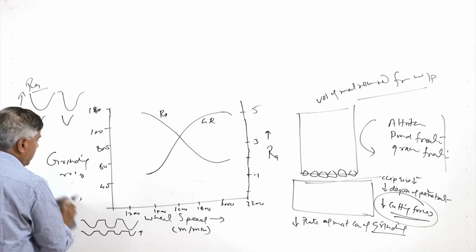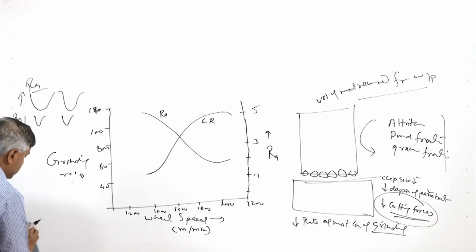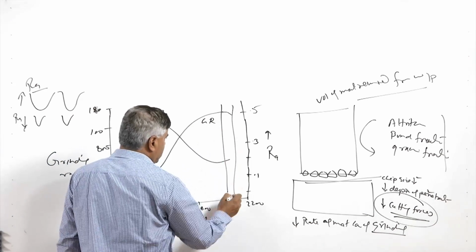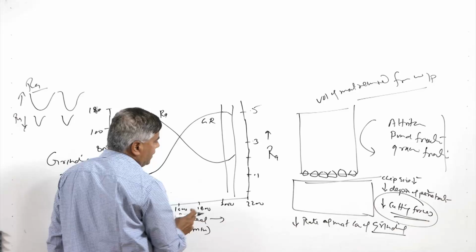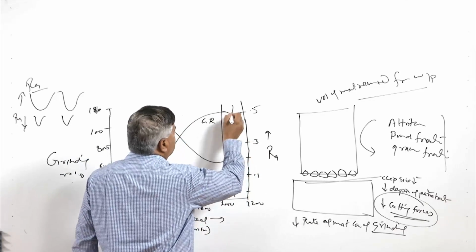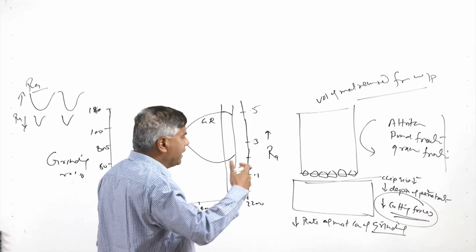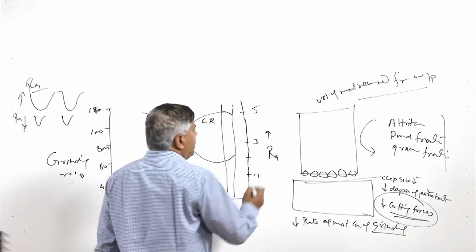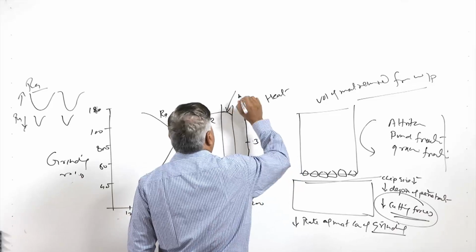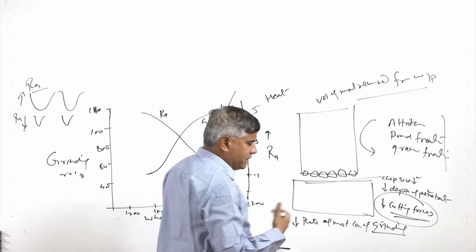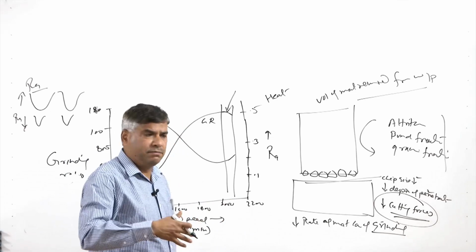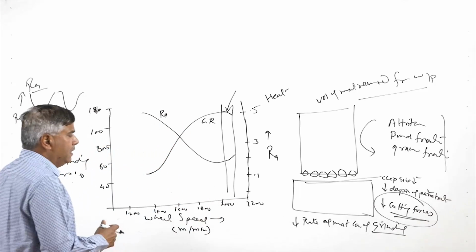reduces the surface roughness. Another important thing is at much higher speeds, that is this zone. If we see this zone, the trend is that an increase in speed further increases the roughness and decreases the grinding ratio, because at too high a wheel speed the heat generation becomes so severe that it adversely affects the surface roughness, and it starts accelerating the loss of material from the surface of the grinding wheel.